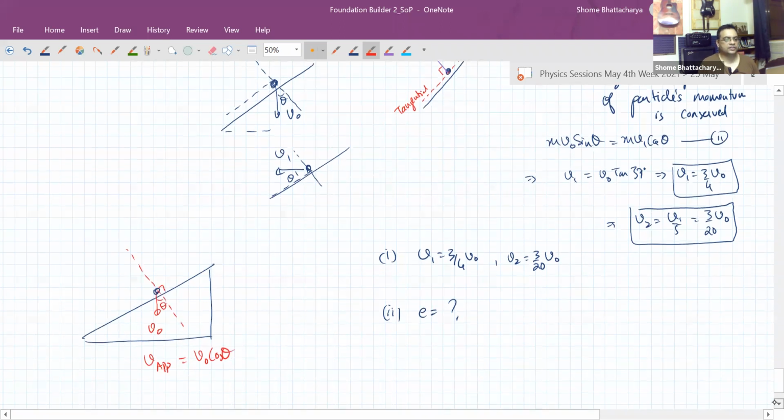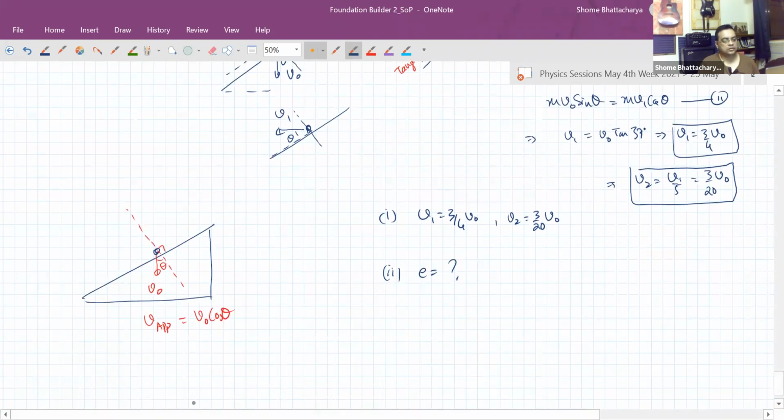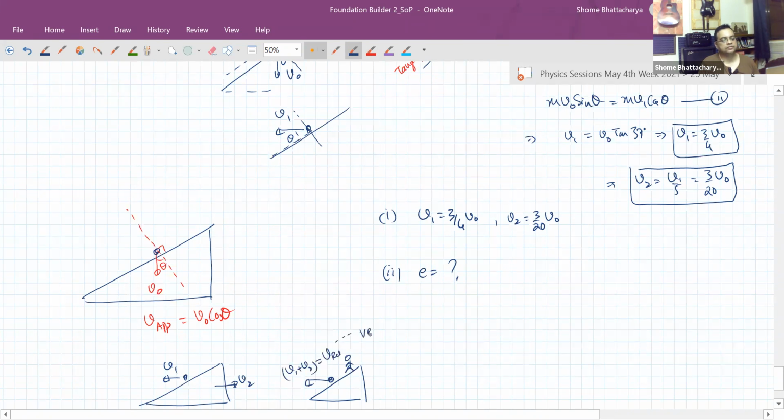Okay. Whereas after the impact, you can see that the particle is going off like this, the wedge is going off like this. Okay. So with respect to the wedge, if you are in the wedge's frame, the relative velocity of the particle is like this. This is our v relative. This is the velocity of the particle relative to the wedge just after the impact.